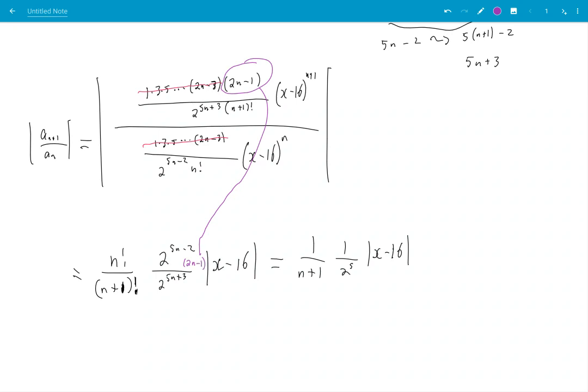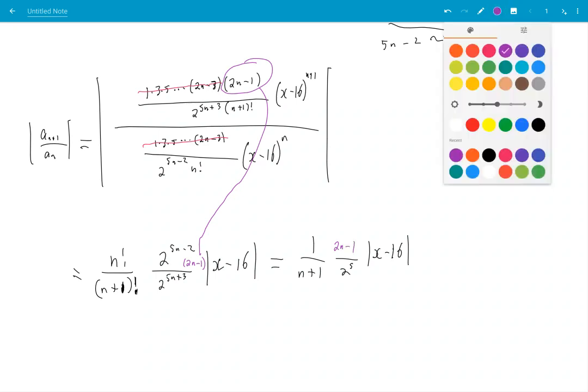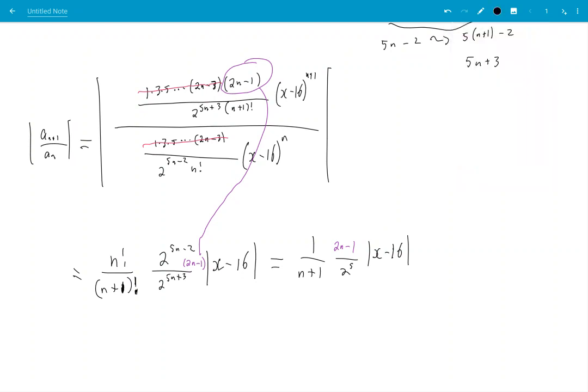So it'll survive and become 2n minus 1 here. Sorry about that. So what do I get? 1 over 2 to the 5, times (2n minus 1) over (n plus 1), times |x minus 16|.